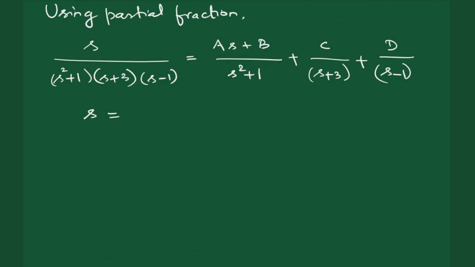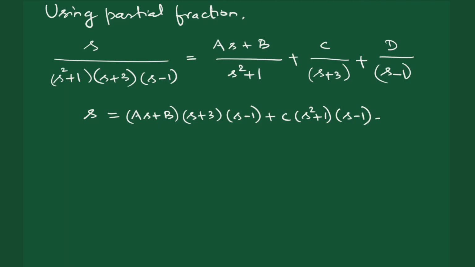So if you simplify, we will get s is equal to, take LCM to the right side, (as plus b) into (s plus 3) into (s minus 1) plus c into (s square plus 1) into (s minus 1) plus d into (s square plus 1) into (s plus 3).